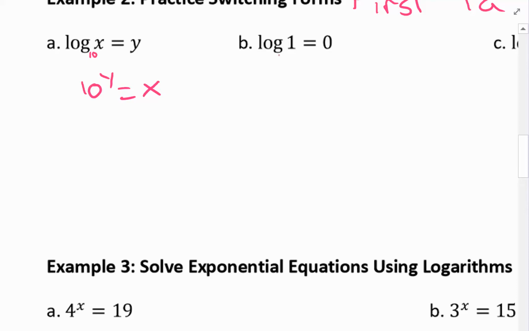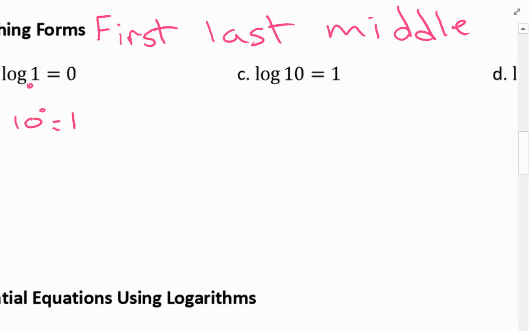Next one, same thing. Write the 10 if it helps you. If you can just think that part in your head, that's fine. First, last, middle. Done. All we're doing here is switching forms. First, last, middle. Done.